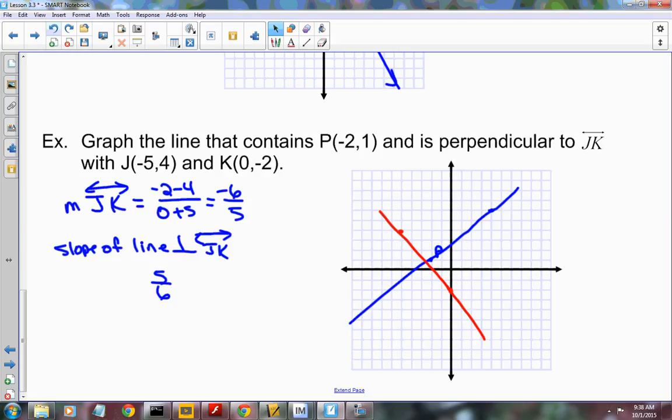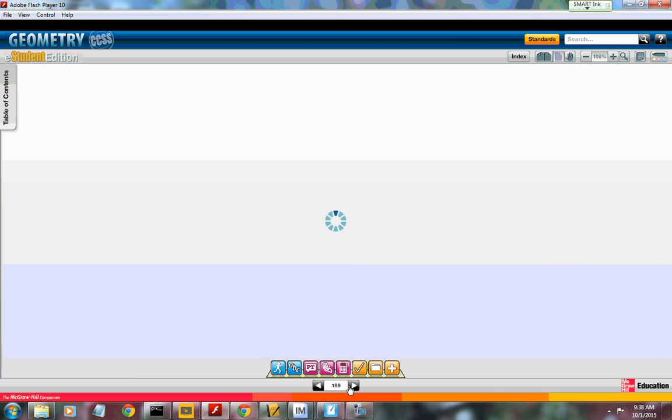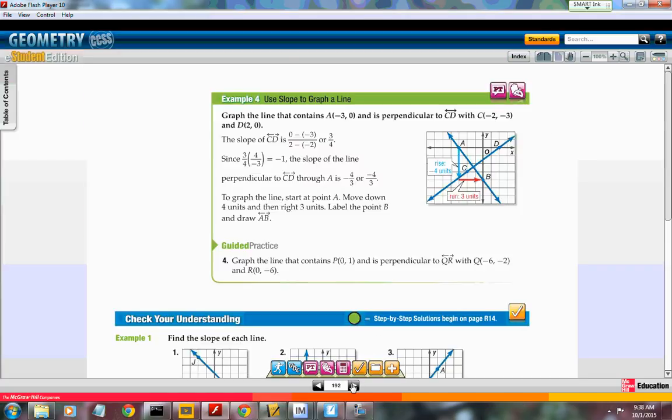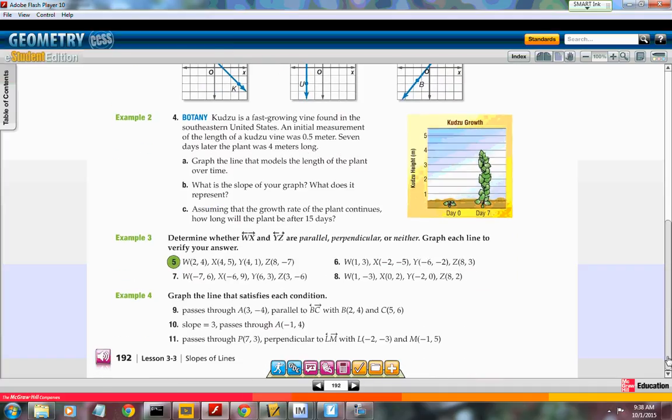All right. So, look real quickly on your page, page 192. I want to just show you something real quick on the directions. It's kind of hard to see, but on 5 through 8, it says determine whether they are parallel, and then it says graph each line to verify your answer.